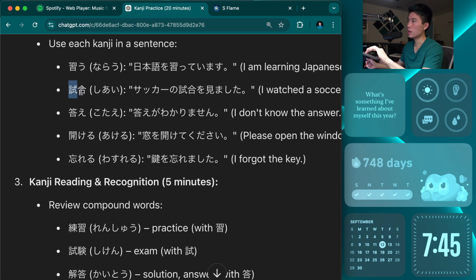Oh shoot, shiai has like the second part of it outside. So this needs to be like that. That's also a kanji we use here. The meaning of that kanji was like match.